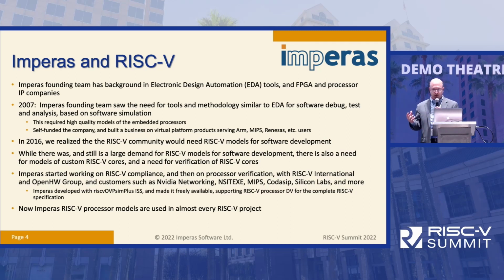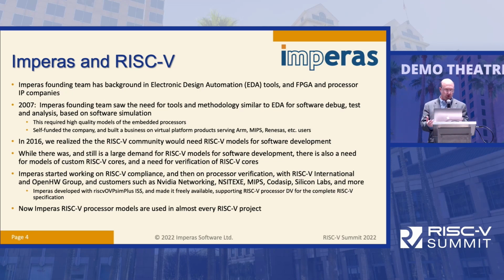So just to give a bit of background on Imperas and RISC-V, the Imperas founding team has a background in design automation tools and also FPGA and processor IP companies. We started in 2007 looking at software simulation and trying to carry some of the lessons that we had learned in our previous lives over to embedded software development.